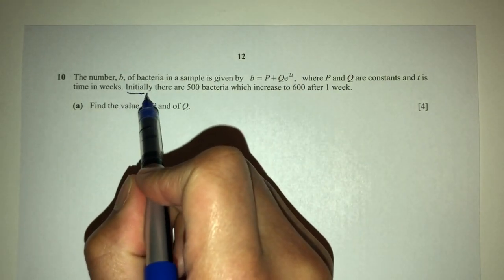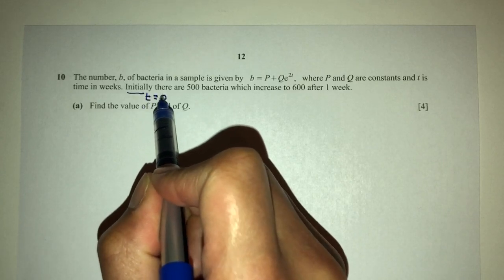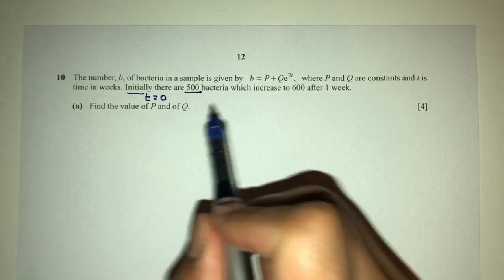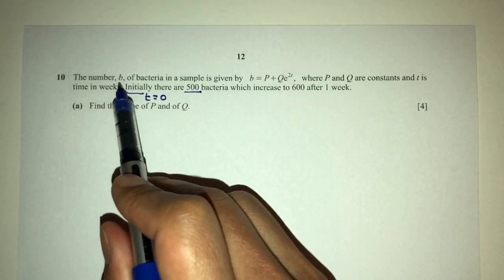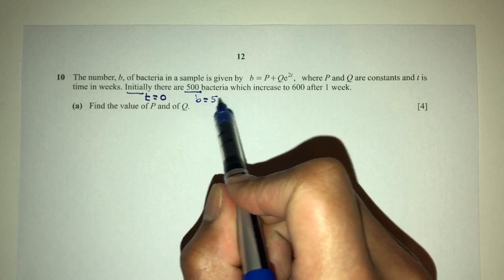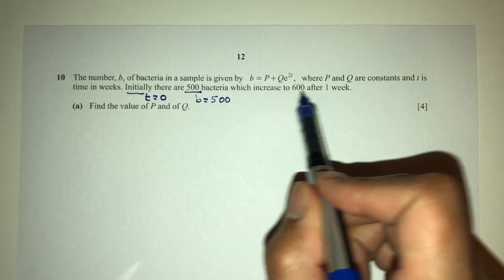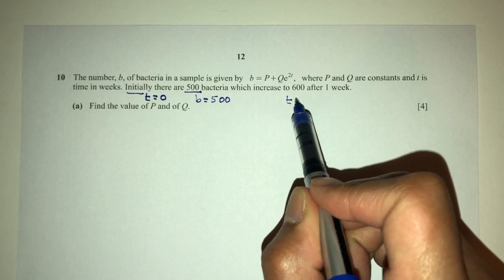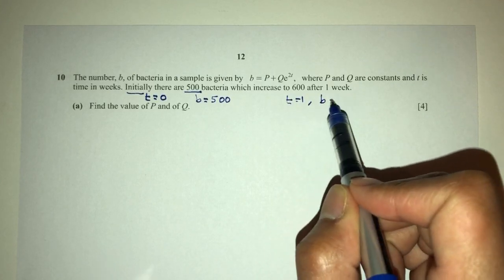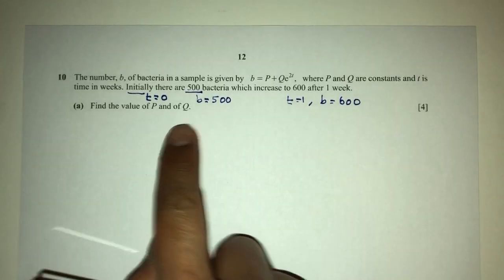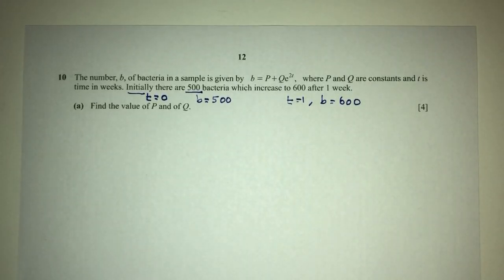Initially means at time equal to 0, there was 500 bacteria. Number of bacteria B was 500 initially, which increased to 600 in 1 week. So when time equal to 1, B was 600. So we have to use those two information to find the value of P and Q.